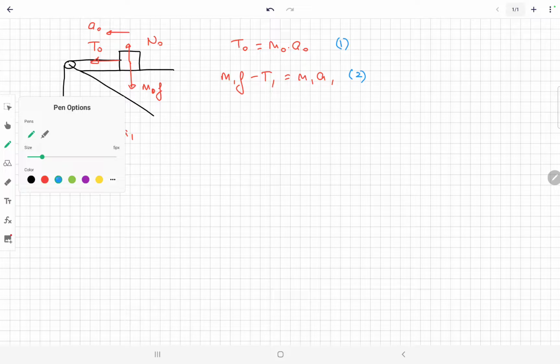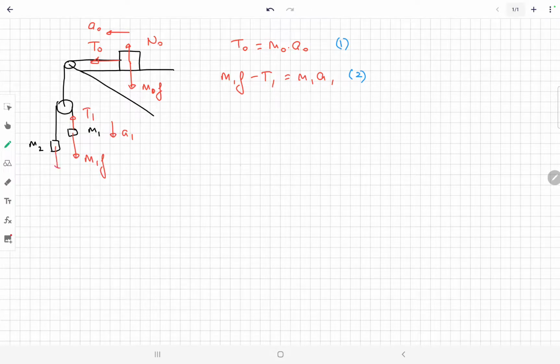Now let's come to the free body diagram for the second object. Very simple. Downward we have M2G. Upward we have what kind of tension? T2. But we can call it immediately T1 because the pulley, this block, has no mass. So here we will have the same T1. And in what direction will it move? Also unknown, actually. Why? Because this is a complex system.